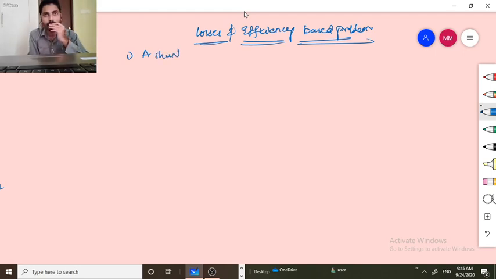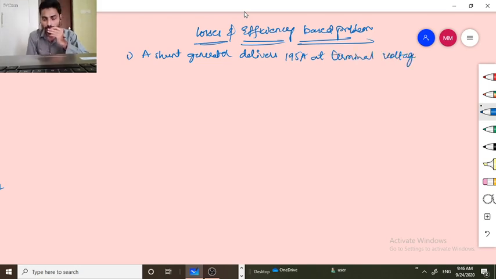A shunt generator delivers 195 amperes at a terminal voltage of 250 volts.